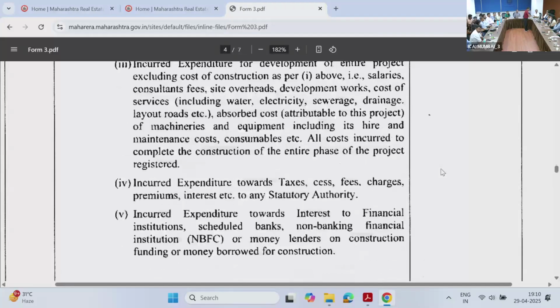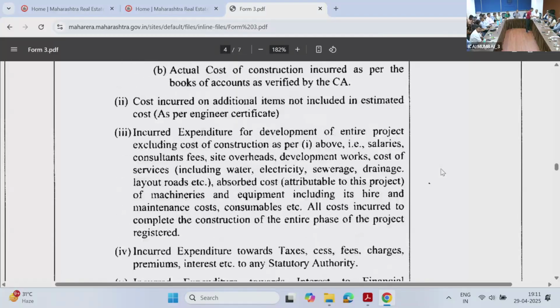Now another part is what cost you should not consider when you are making Form 3. This is the project related cost, project cost. This is two parts, land and development. And in a project, in a company or a developer's firm, what other cost should not be considered is they are spending money on their brochures, literature to market their products.